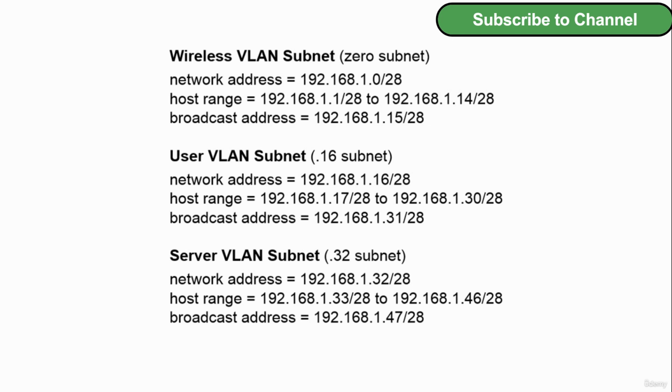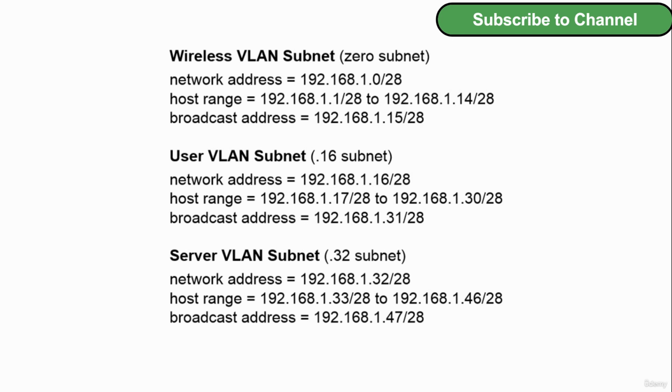And then it goes on to 32. And that'll be assigned to the server VLAN. 192.168.1.32 is a network address, and 33 is the first host IP address available, and that goes through to 46 because there's 14 addresses, and 47 is the broadcast address.